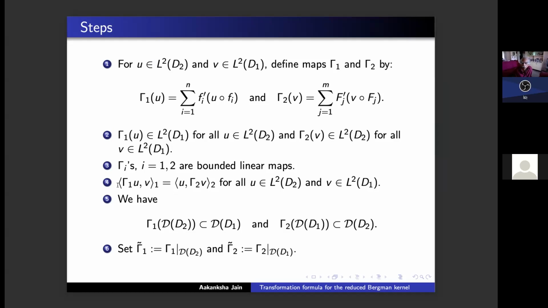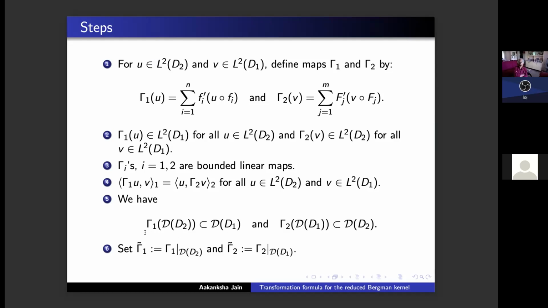Next we show that for every u in L2(D2) and v in L2(D1), the inner product of gamma 1 u with v is the same as the inner product of u with gamma 2 of v. And next we show that the image of the reduced Bergman space of D2 under gamma 1 is contained in the reduced Bergman space of D1, and a similar statement is true for gamma 2, that is, the image of the reduced Bergman space of D1 under gamma 2 is contained in the reduced Bergman space of D2.